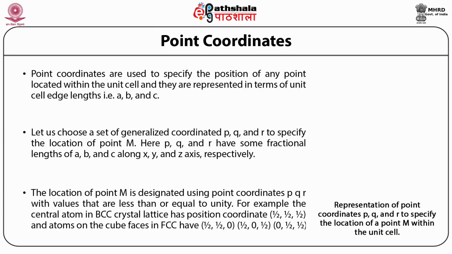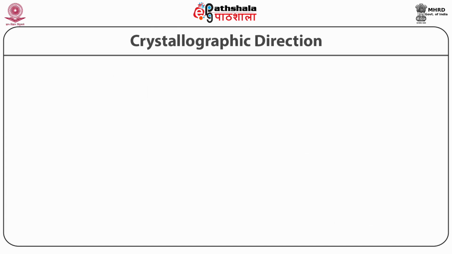For example, the central atom in a BCC crystal lattice has position coordinates 1/2, 1/2, 1/2, and atoms on the cube faces in FCC have 1/2, 1/2, 0; 1/2, 0, 1/2; and 0, 1/2, 1/2.